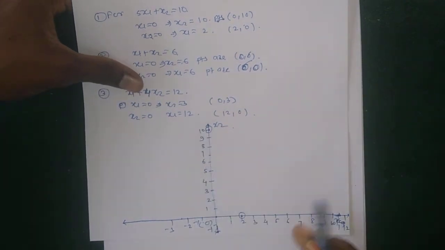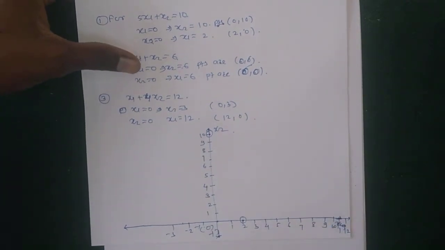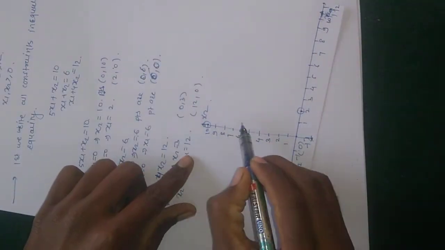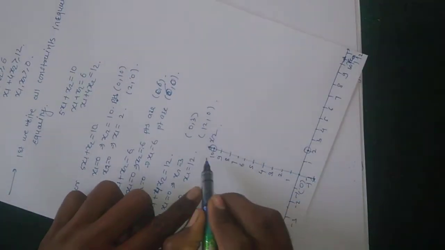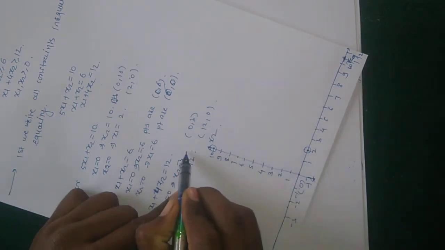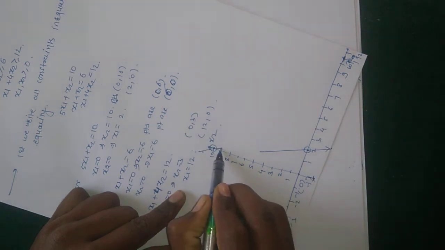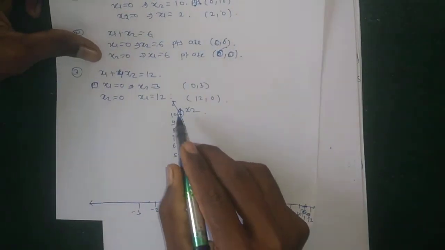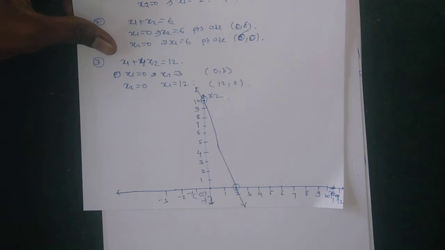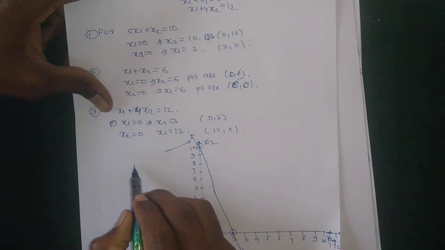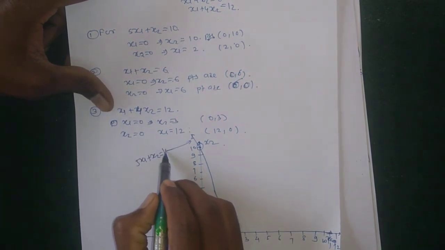Using a scale, join these 2 points with a straight line. Adjust this. So this line is 5x1 plus x2 equal to 10.